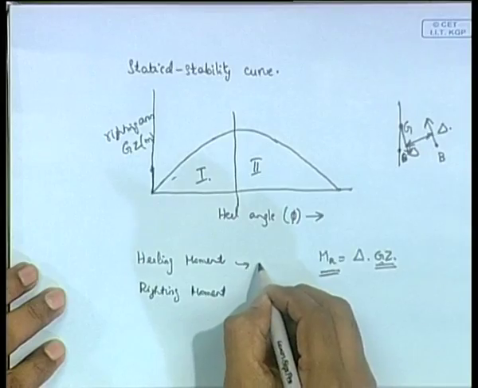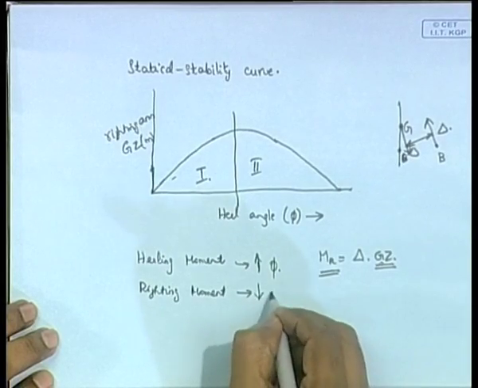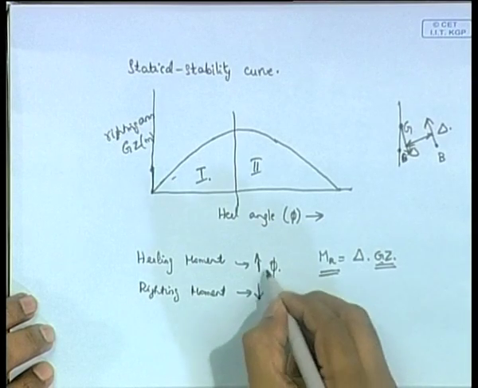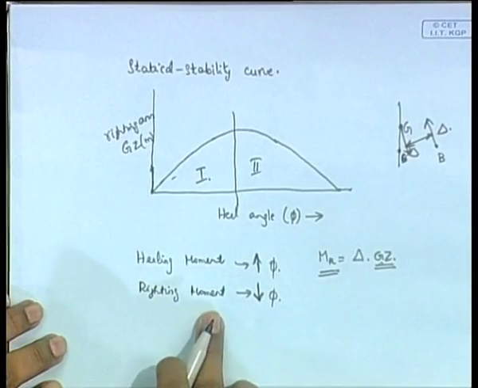So, the heeling moment tries to heel the ship, it tries to increase your phi, whereas your righting moment is a moment that is caused by the ship itself, it is not caused by the wind. The righting moment tries to bring the ship back to its original, upright position, it tends to decrease phi. So, one tries to increase phi whereas the other tries to decrease phi. That is your heeling moment and righting moment.